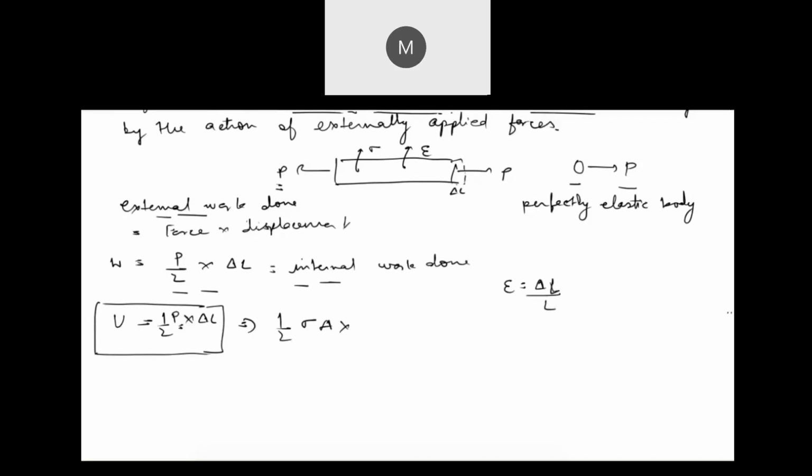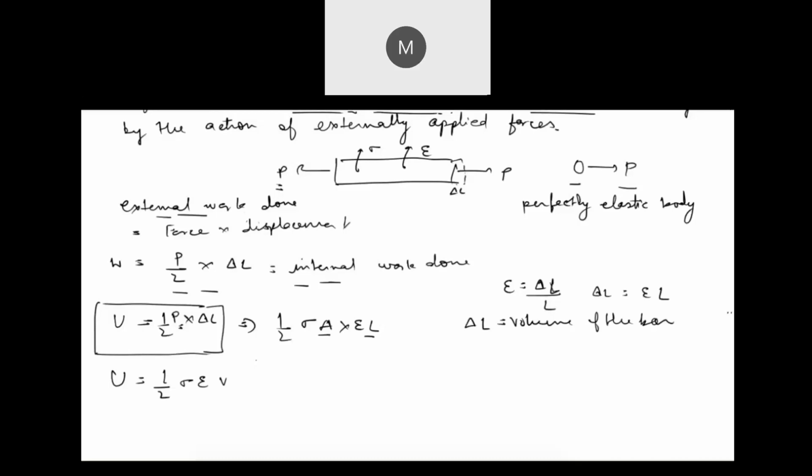So change in length is equal to epsilon times L. From here we get U is equal to half sigma epsilon, and A into L is nothing but the volume of the bar or volume of this material. It is AL. So this is V.